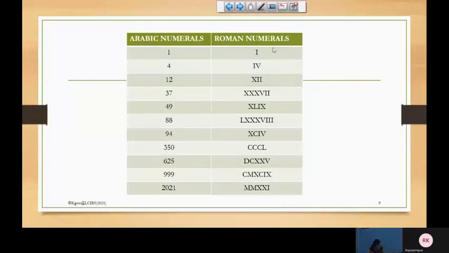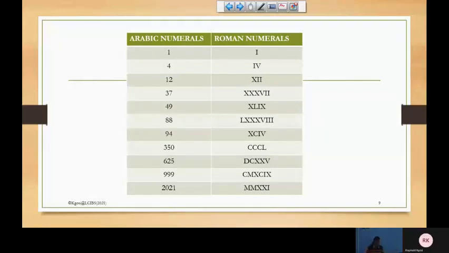The first one there would be the I, which represents 1, and then V would represent 5. So if you put an I before a V, it means 1 before 5, which is 4 really. Or VI, that's 1 after V, which is 6.